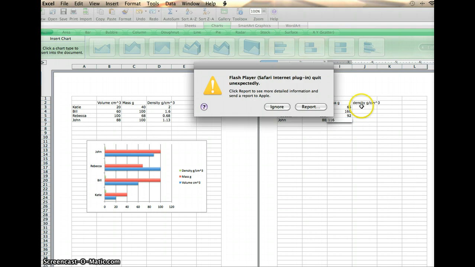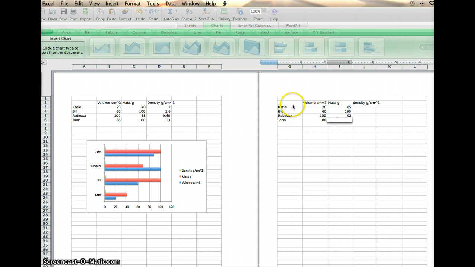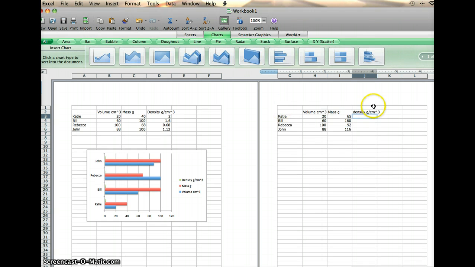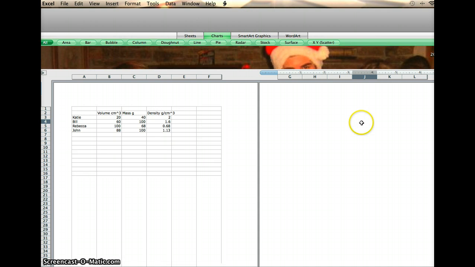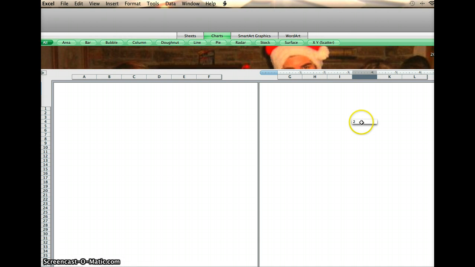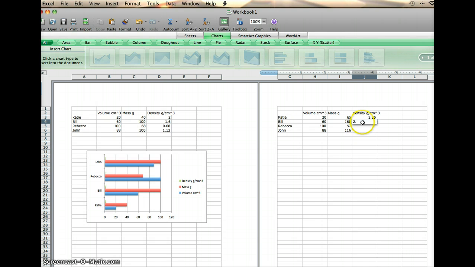Now, since my calculator was acting up on my computer before, we are just going to find the density using the calculator that I have next to me. So 65 divided by 20 is 3.25. 160 divided by 60 is 2.66. 92 divided by 100 is 0.92.